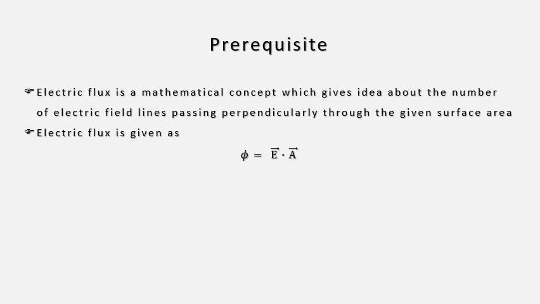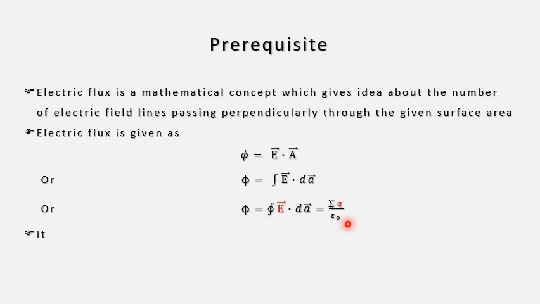For non-uniform electric field or for uneven surface, we can use integration, the integral of E dot dA. If we have a closed surface, we can take the closed integral of electric field over the surface area, or we can use Gauss's law, which says that flux linked with a closed surface is the ratio of charges enclosed to the permittivity of vacuum.